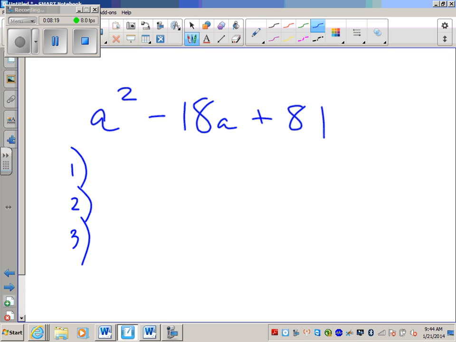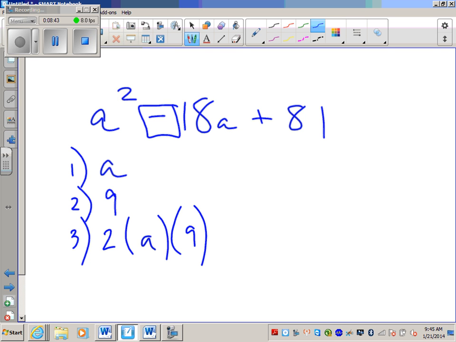A square of what? A. Second question says, is the last term a square? Square of 9. And that middle one, is it 2 times A times 9? So if the answer is yes to all 3, what we have is A, is it plus or minus? Minus 9 squared.